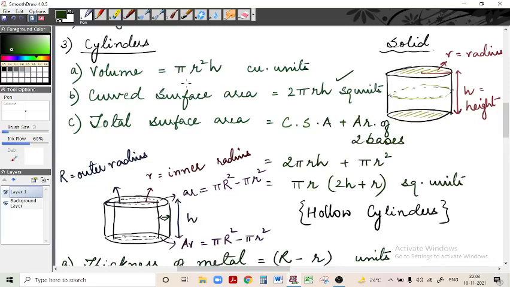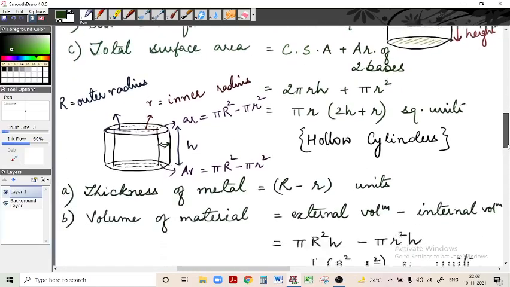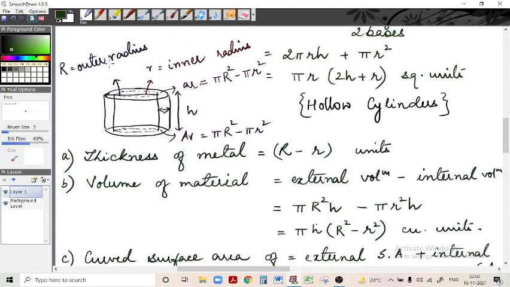So these are the formulas for solid cylinders. Then we have discussed hollow cylinder, which I have explained to you. For hollow cylinder it is very important to find out the thickness of the material used, or thickness of the metal used. If it is metal, then metal used, or if something else, then material used. Anyways, you can write.